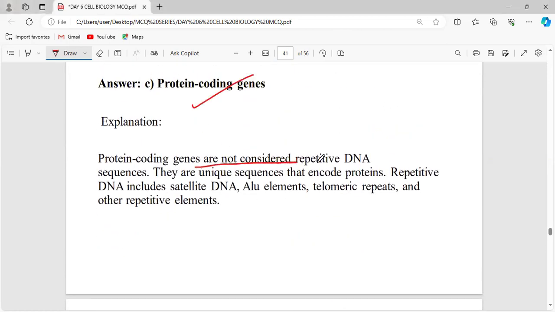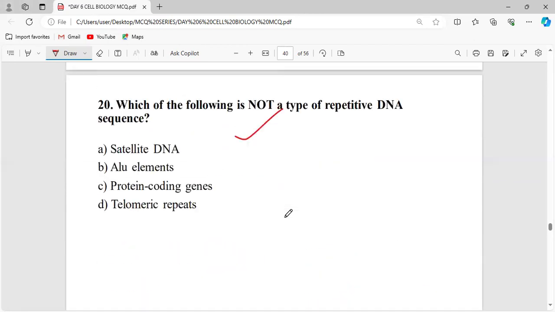Protein coding genes are not considered repetitive DNA sequences. Okay, see, repetitive DNA sequences include satellite DNA, ALU elements, telomeric repeats, and other repetitive genes.